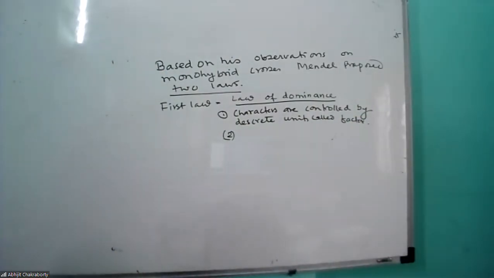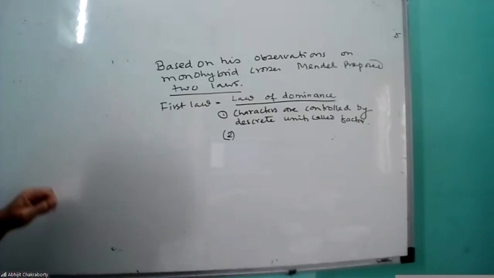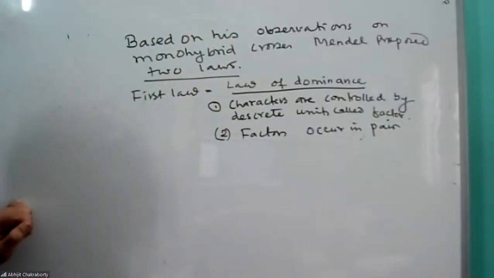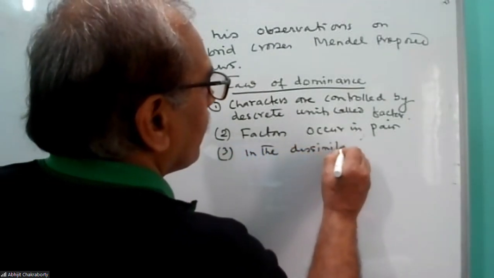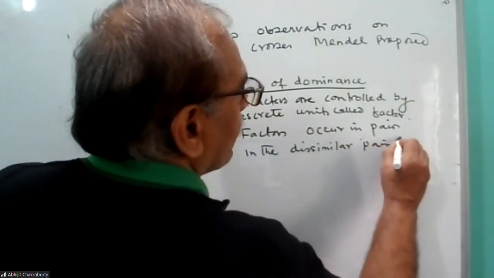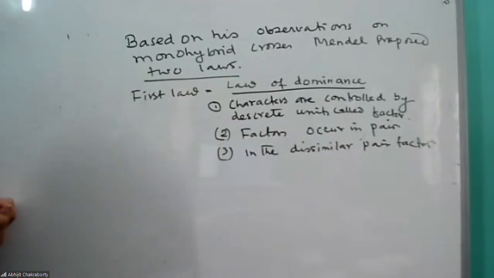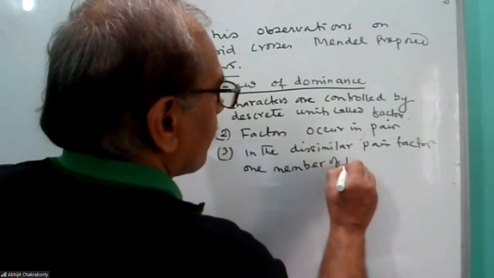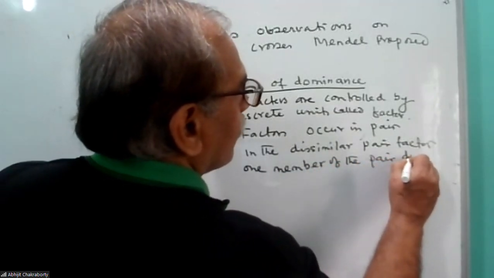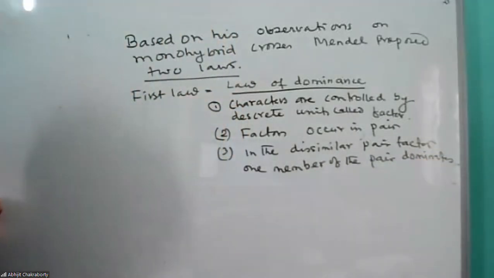Second, these factors occur in pairs. And third, in the dissimilar pair of factors, one factor is dominant and dominates over the other.